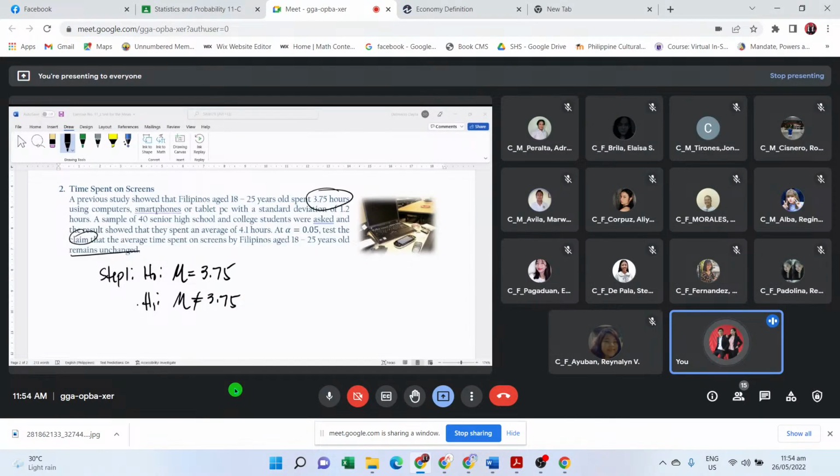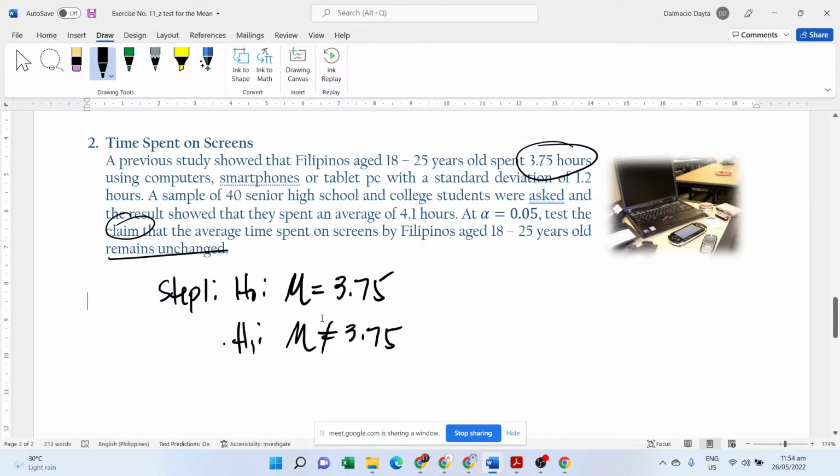And which of these two again is the claim? Brilla, alin dito ilalagay natin ng claim? Yung equal o yung not equal? Not equal po sir. So this is the claim.